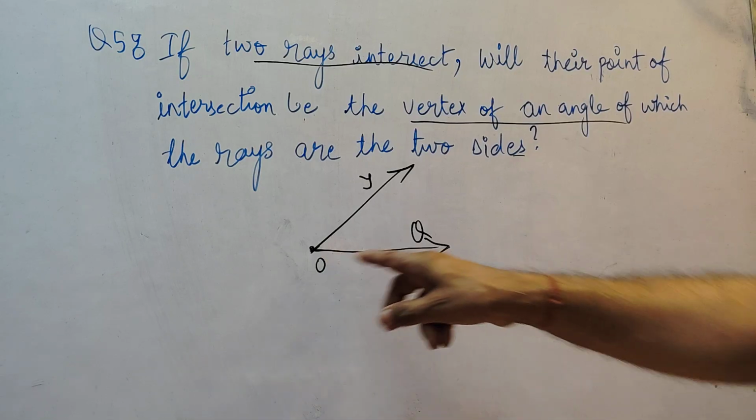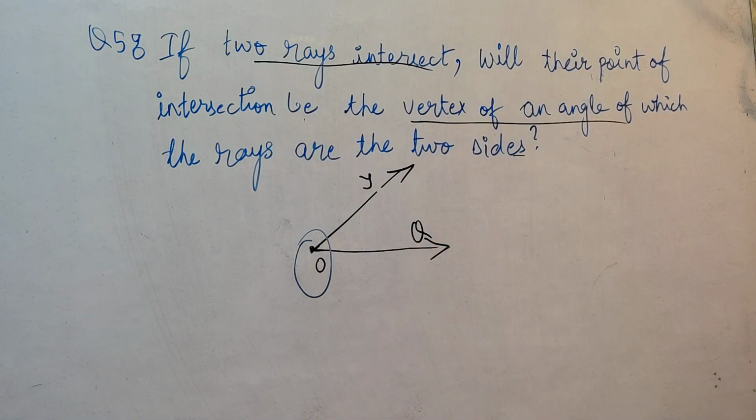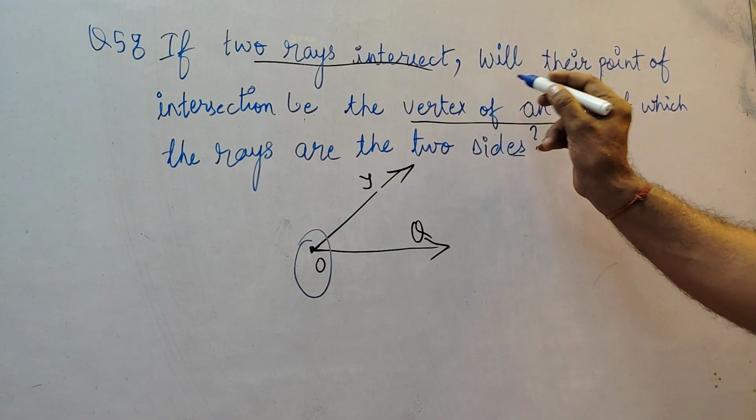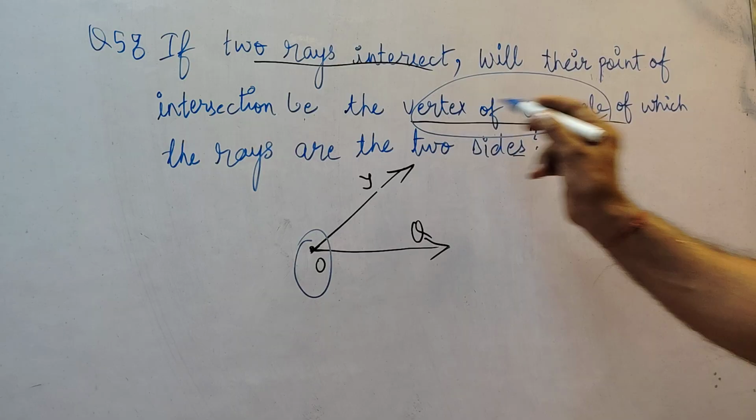So the two rays are OQ and OY, and the intersection point of the two rays is the vertex of an angle.